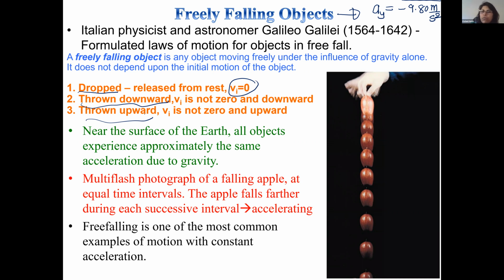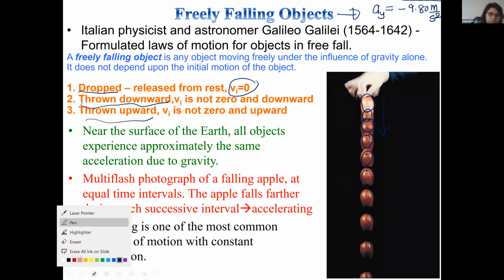Okay, so what is important when you drop the apple? If you take each same time interval, you're going to observe some important things. One thing you're going to observe is that your acceleration in this direction keeps constant, as we discussed.